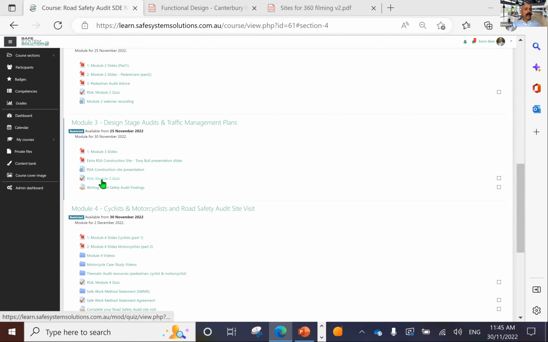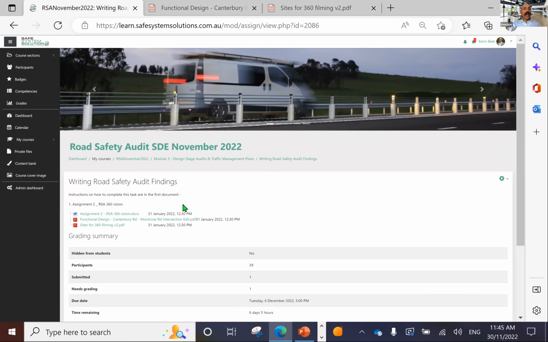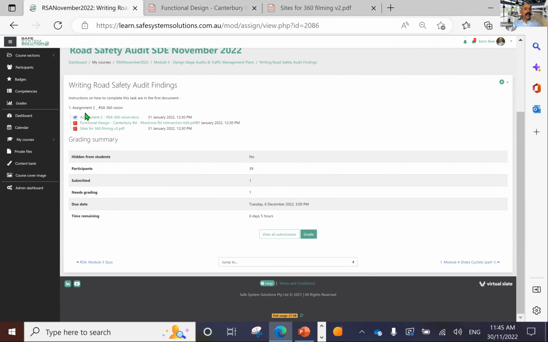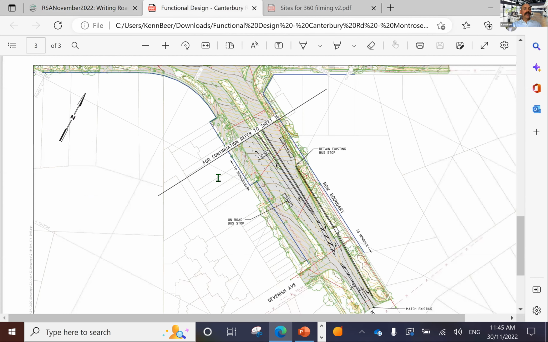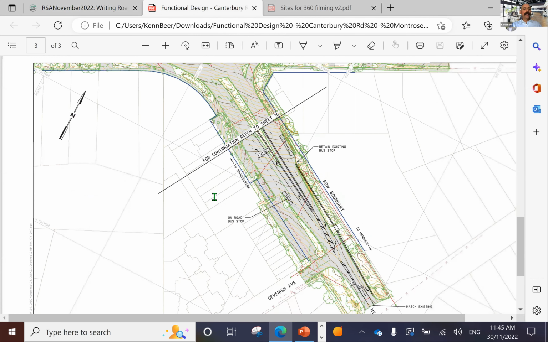There is a quiz at the end of this one, just like the others. But then you'll see under here, there's this writing road safety audit findings. So we'll click on that, and you'll see 3 documents there, a Word document and 2 PDFs.